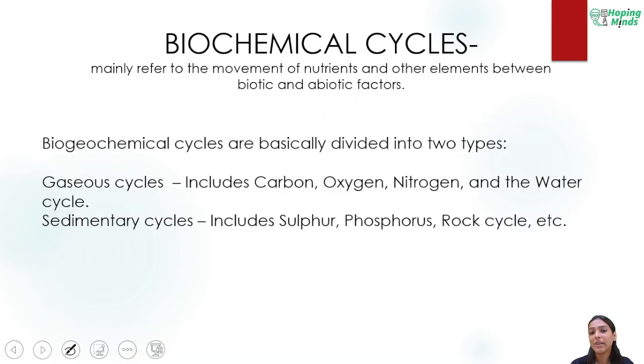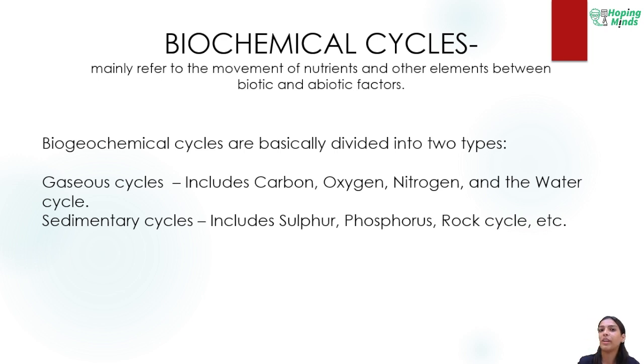So these biochemical cycles refer to the movement of nutrients and other elements between these factors. They're basically of two types: gaseous cycles and sedimentary cycles.